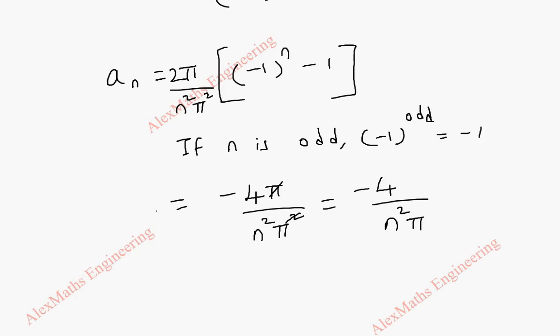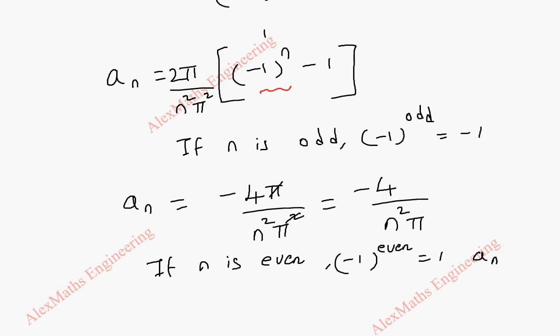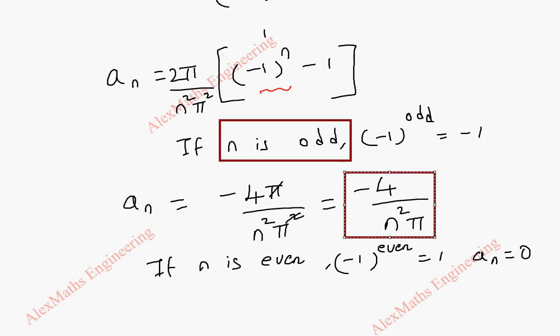This is the value of an when it is odd, and if n is even, this value (minus 1) whole power even number becomes 1. So when this is 1, 1 minus 1 is 0. So an becomes 0. So we are going to use, when n is odd, this is the value of an.